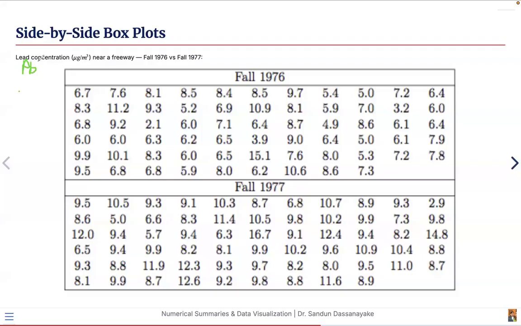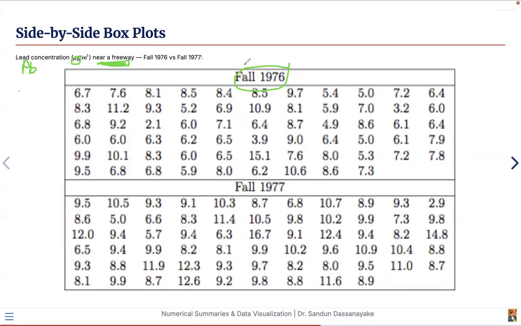So you have lead concentrations in 1976, near a freeway, so it's a road, not a highway. Like a normal road that we have in front of our houses or in front of the school, university. So that's a freeway. And you can see the concentrations, micrograms per cubic meter. And these are the values in fall 1976.